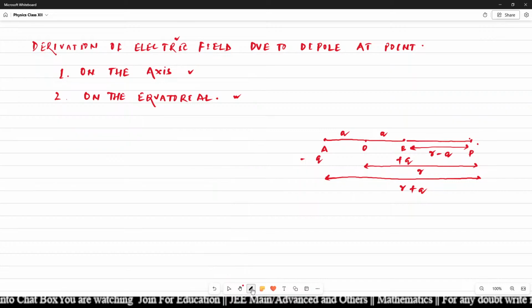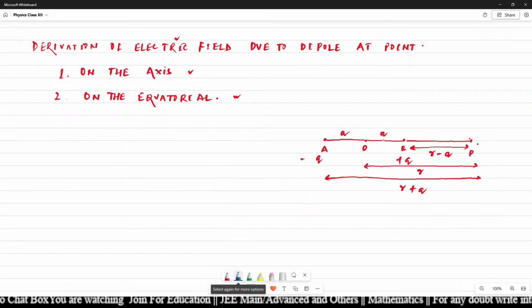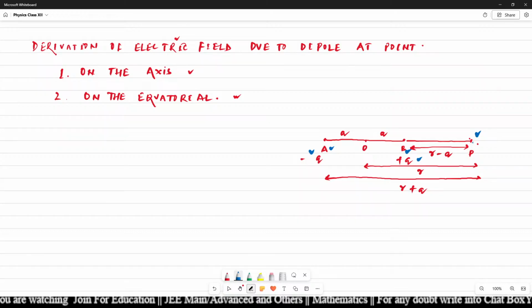So this AB is the dipole, at A minus Q charge, at B plus Q charge. There is a point P at which we find out the electric field due to this dipole.